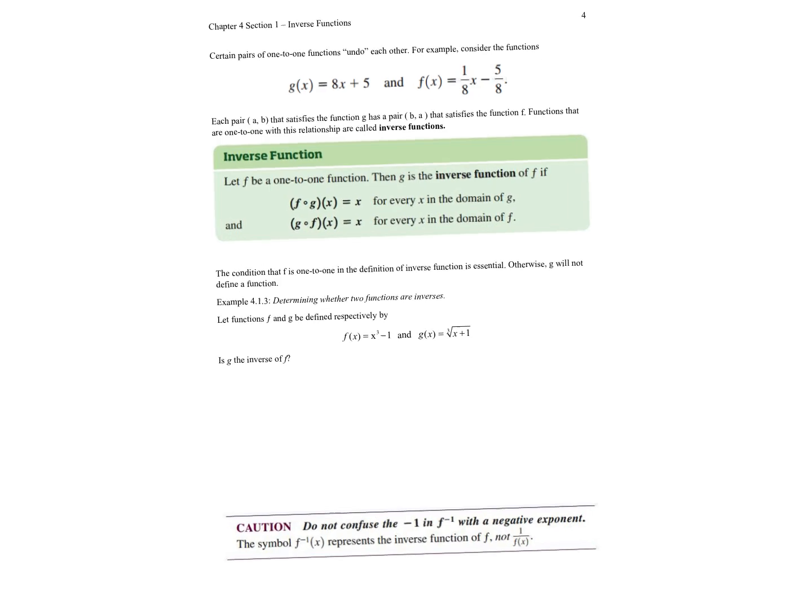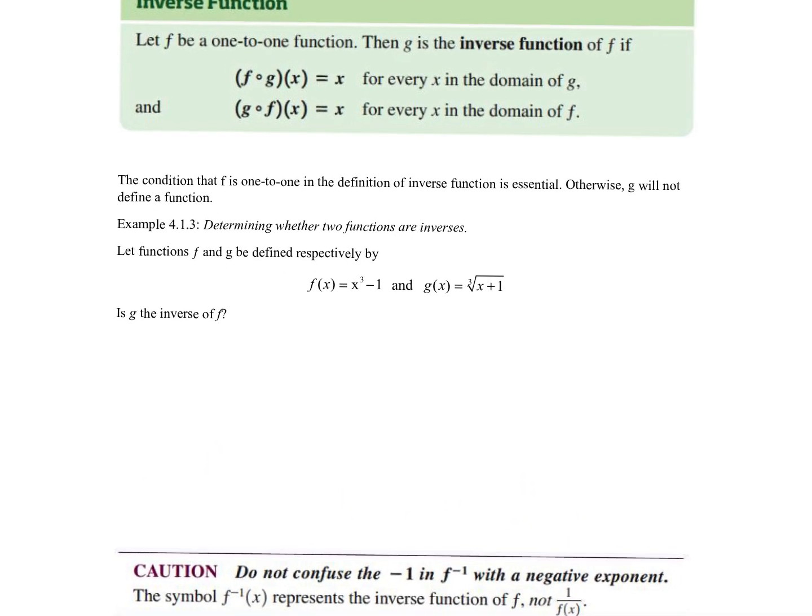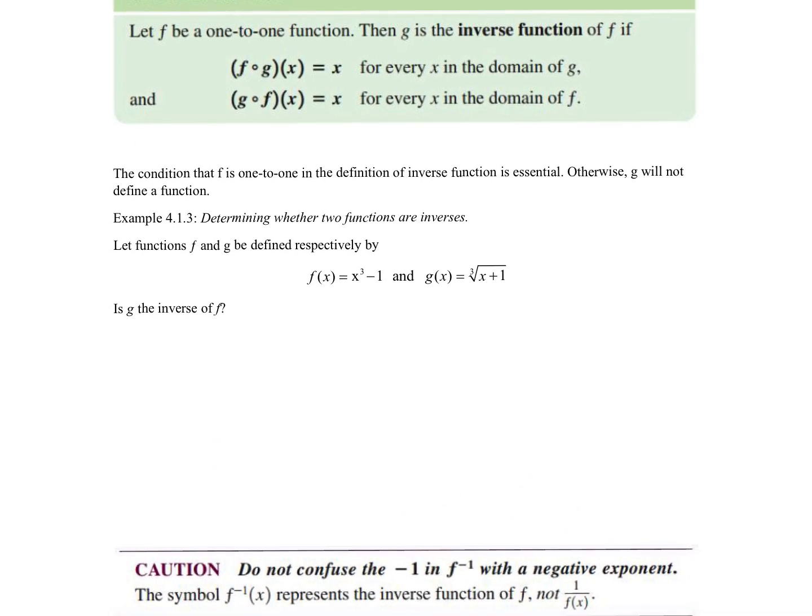So now let's take a jump and find some inverses. So to tell if two things are inverses, we have to do composition of functions. We have to do two things. So if f is 1-to-1, that means the inverse of f, which we call f to the negative 1, is a function.